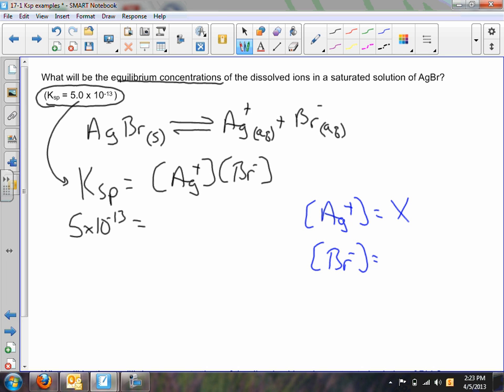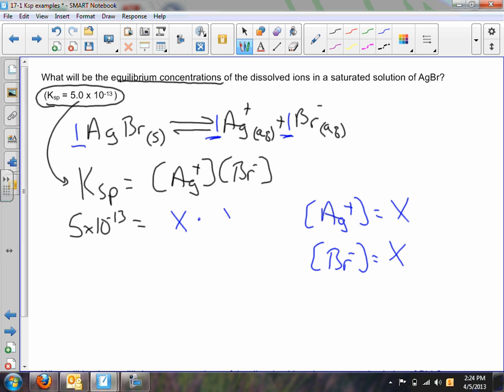Well, that's good. So I know that silver is X, but now I need to find the bromide concentration. Well, if you look at the balanced equation, every 1 silver bromide gives me 1 silver and 1 bromide. So I know that silver ion to bromide ion is a 1-to-1 ratio. So if I've got X silver, I also have X bromide.